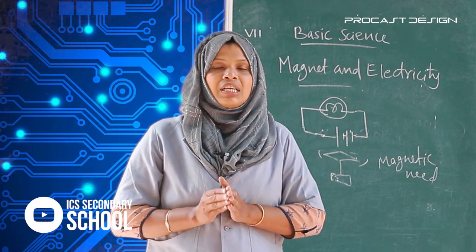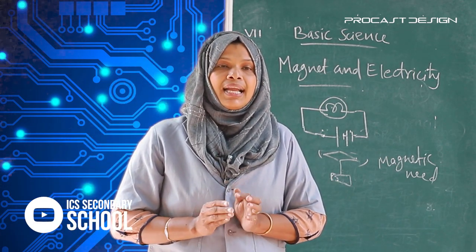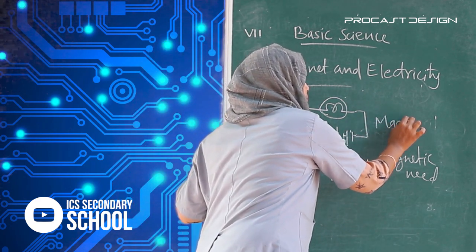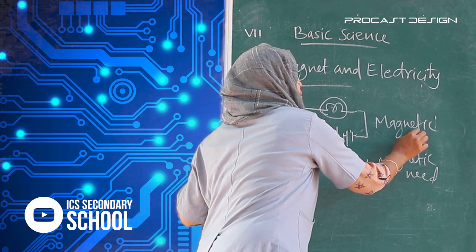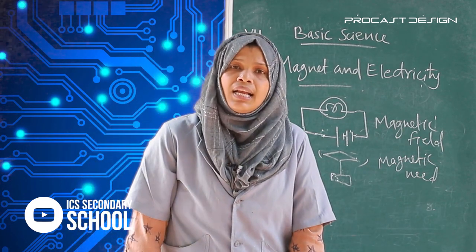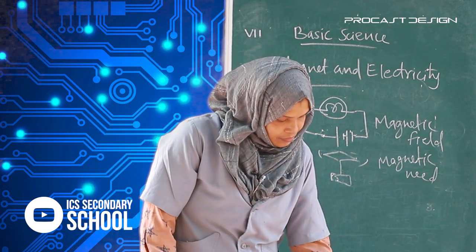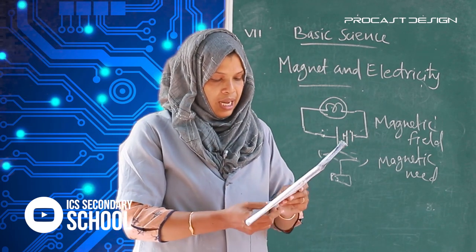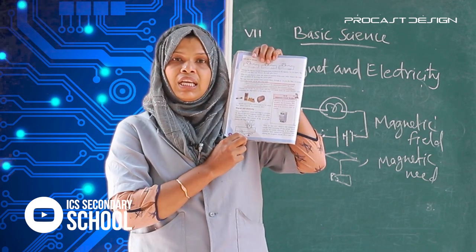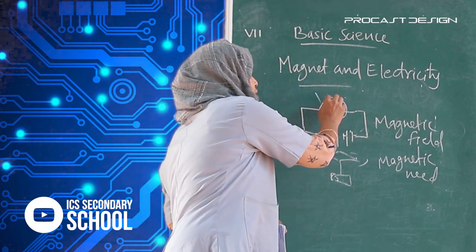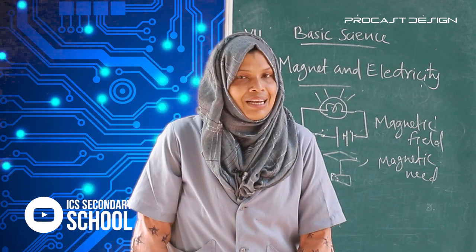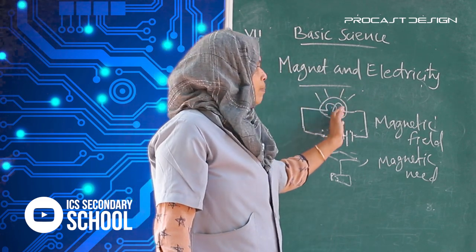On page number 68, this picture indicates the formation of a magnetic field here, and when the switch is on, the bulb glows. You studied in an earlier class that when the switch is on, the bulb glows.